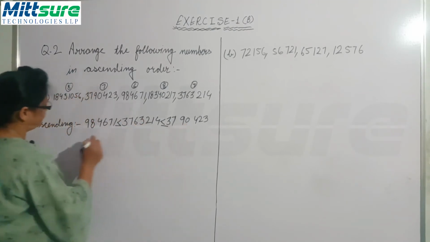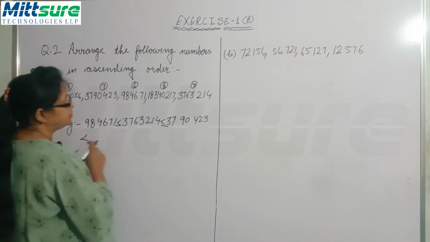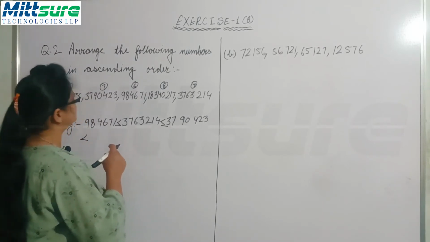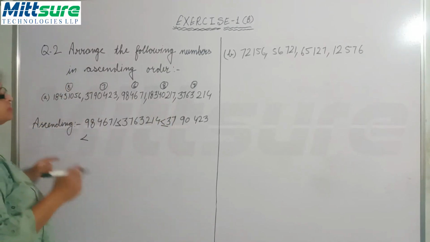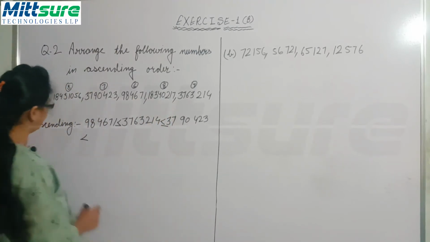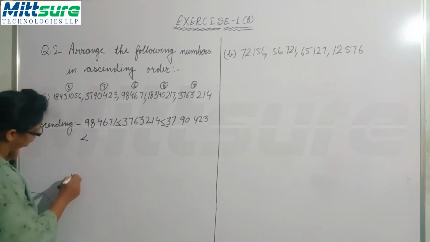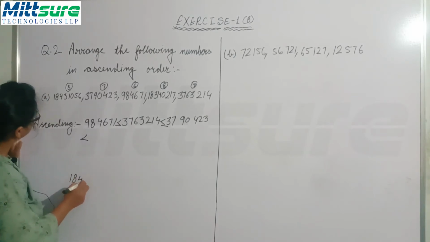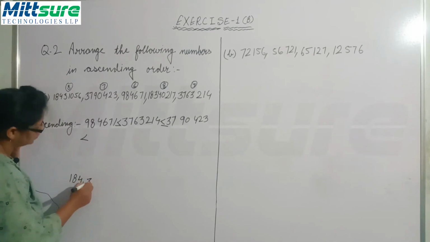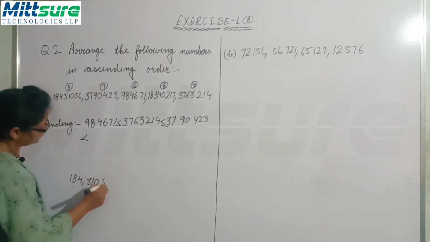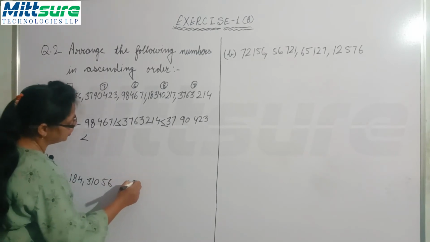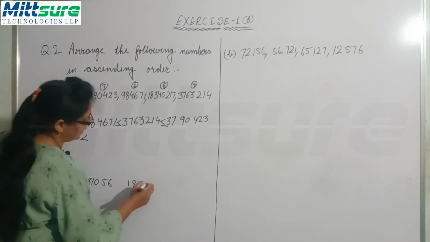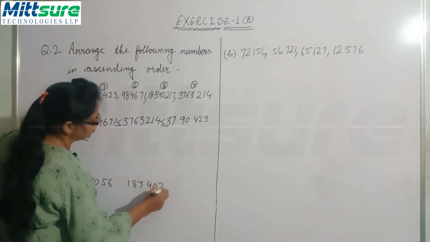Now I have to find the next number. This is having 8 digits and this is having 8 digits. And we have to find which number is greater and which number is smaller. First I am comparing this, 1 crore 84 lakh 31,056, and this, 1 crore 83 lakh 40,270.